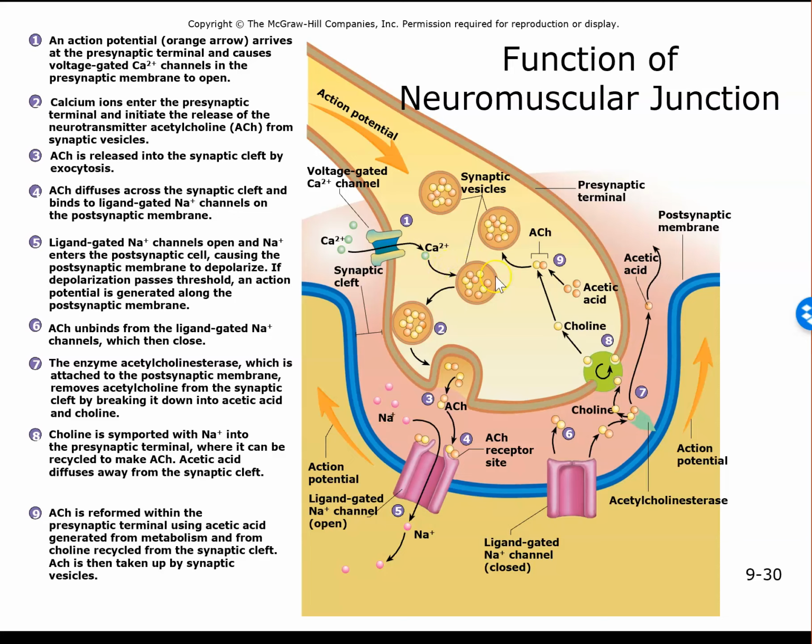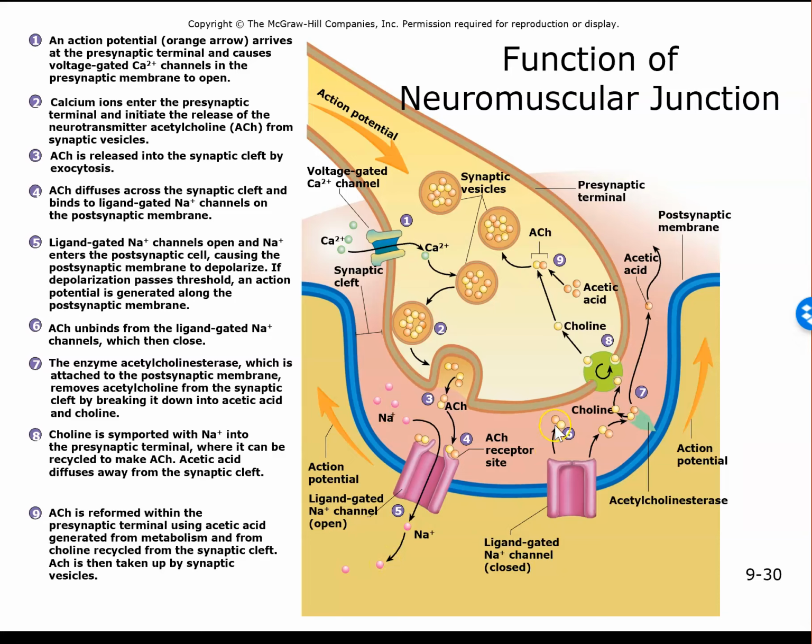Calcium will then go and bind to our synaptic vesicle, causing it to leave the neuron through exocytosis. Acetylcholine will then attach to our ligand-gated channel, which causes it to open and sodium to move into our muscle cell.